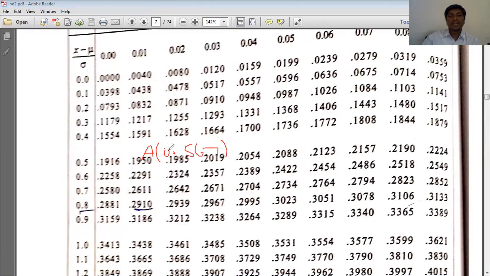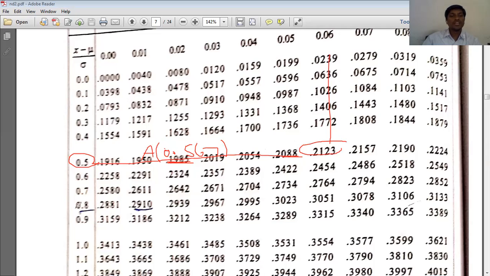Then we first see the first part, 0.5, and next the remaining 0.06. If you observe here, this is 0.06. We see which value we take, the area of this one is this value. So like this, 0.6 and 0.5, 0.06, 0.5.